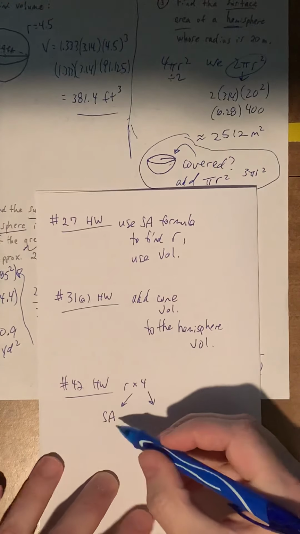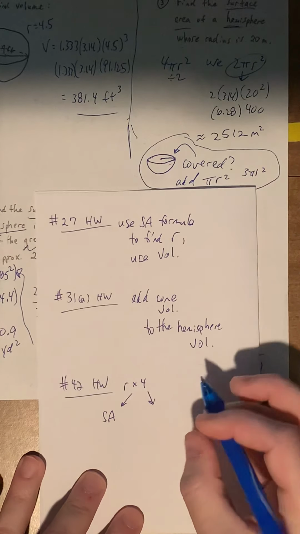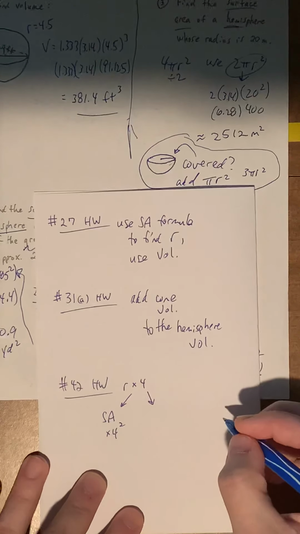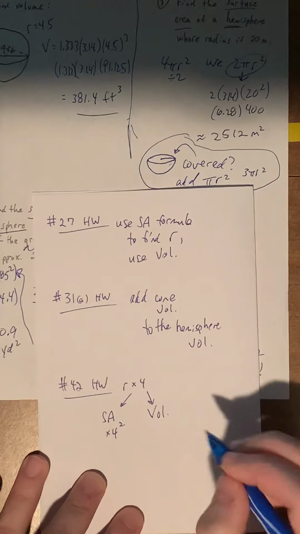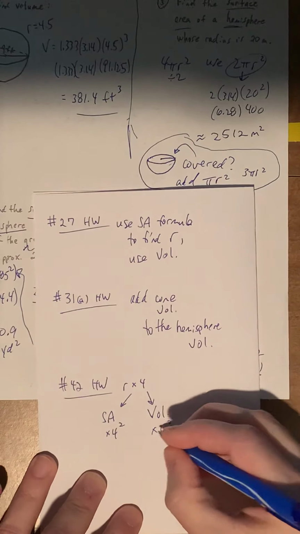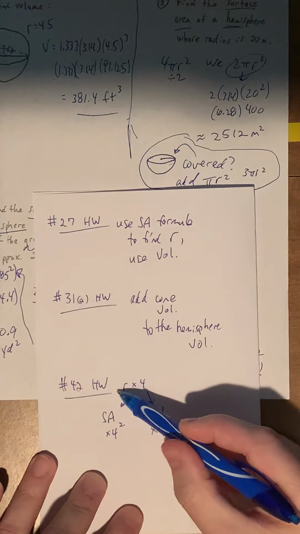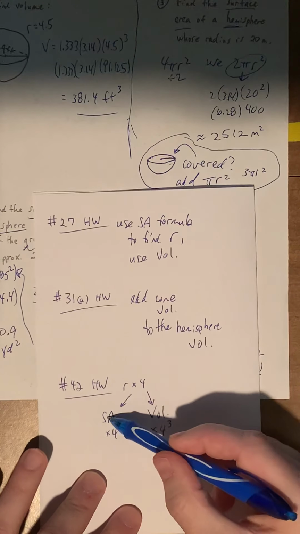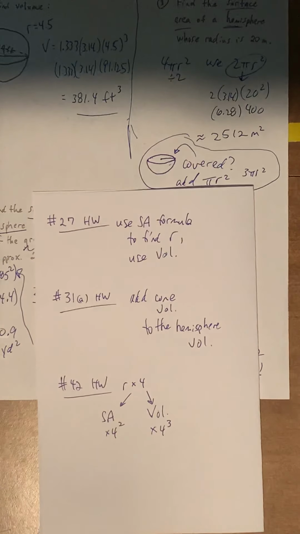In the surface area of a sphere formula, the radius gets squared. And in the volume formula for a sphere, the radius gets cubed. So you have to square and cube the number that the radius goes up by to get how the surface area and the volume both increase. So try that on 42.